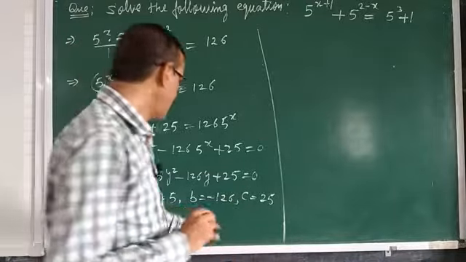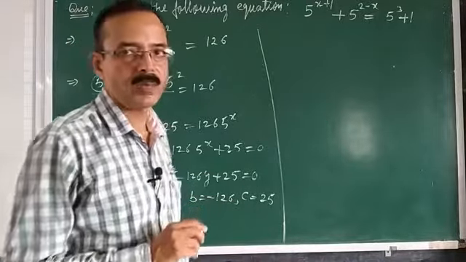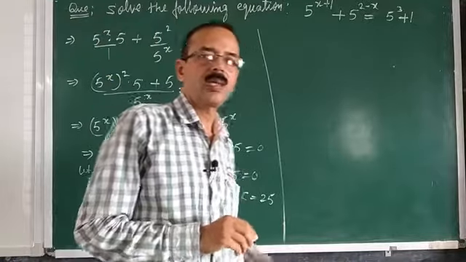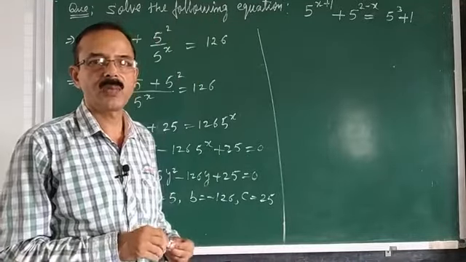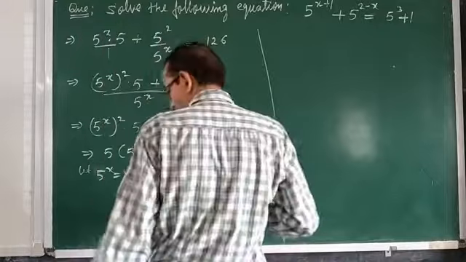So now you have to find the y value by using the formula: x is equal to minus b plus minus under root b squared minus 4ac upon 2a.